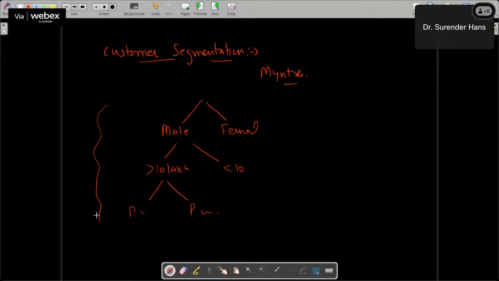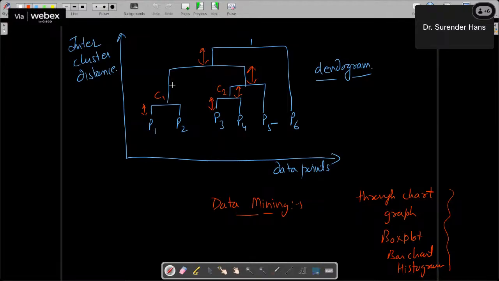Clear? So now again the question is, what is the optimum number of clusters? In the previous dendrogram, this is the intercluster distance.